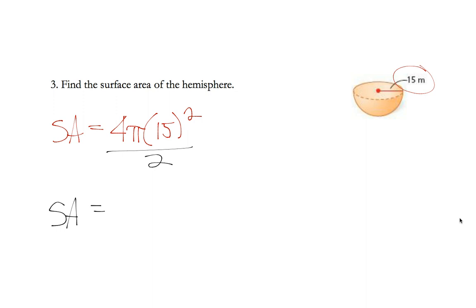So 15 squared is 225 times 4 is 900 divided by 2. That's 450 pi. Which is about 1414.